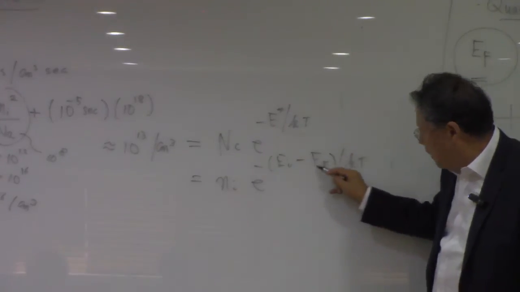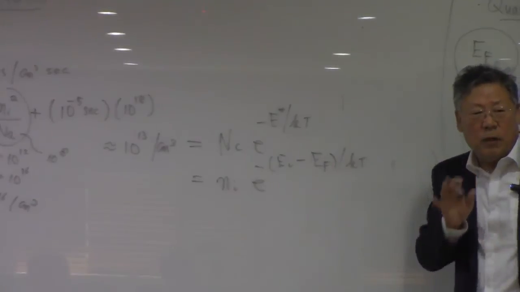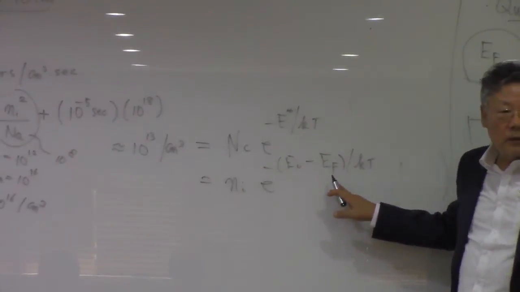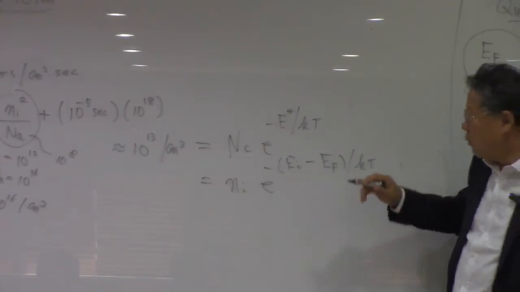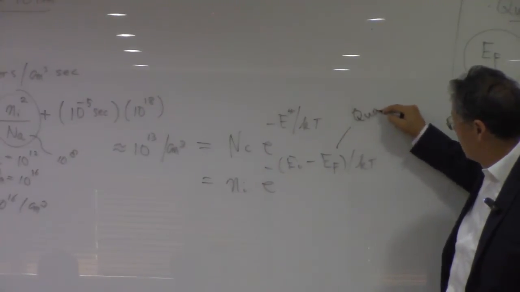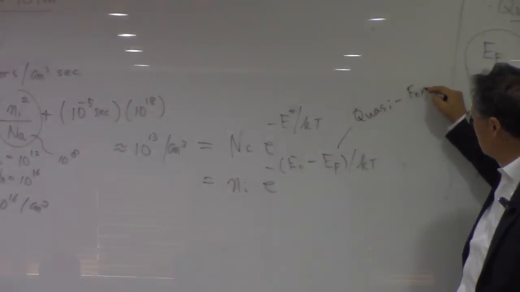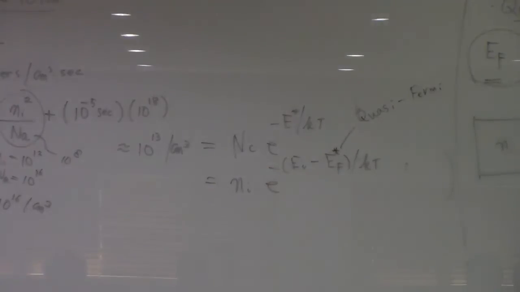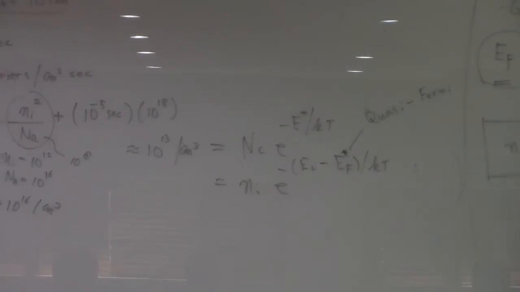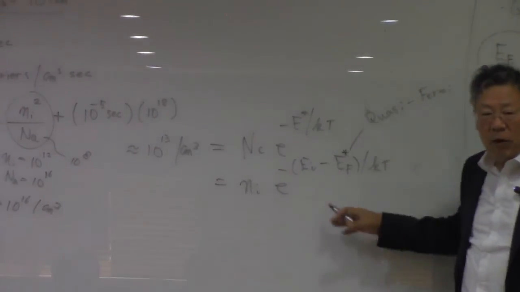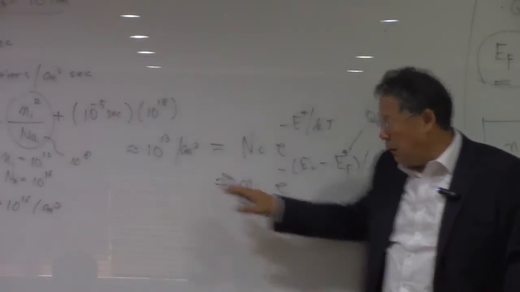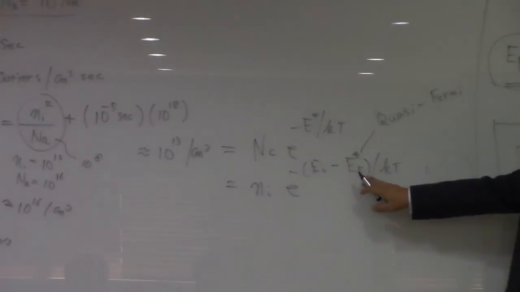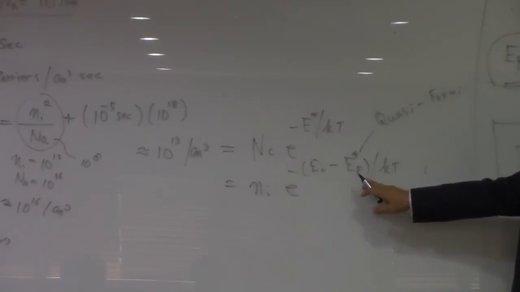And this Fermi energy is not really a Fermi energy, because it is not in equilibrium, but kind of a Fermi energy. And then we call that quasi-Fermi energy. And then we just put a star there. It's not really a Fermi energy, but it can work as a Fermi energy to get these numbers if you apply the Boltzmann statistics. That is the quasi-Fermi energy.